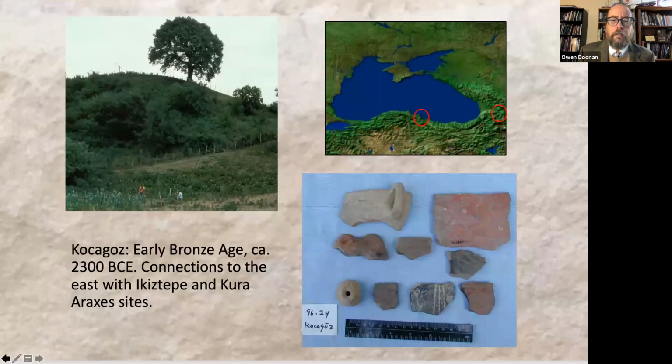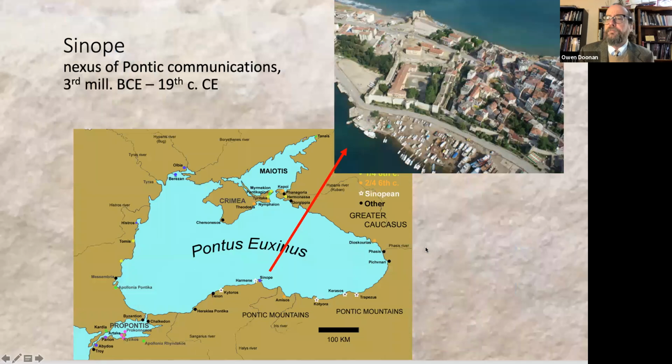If you can see this little aerial view up here, our excavations have concentrated on this little slip of land at the far northwestern edge of the site, which is the edge of the ancient city. Again, the Hellenistic wall runs along here.